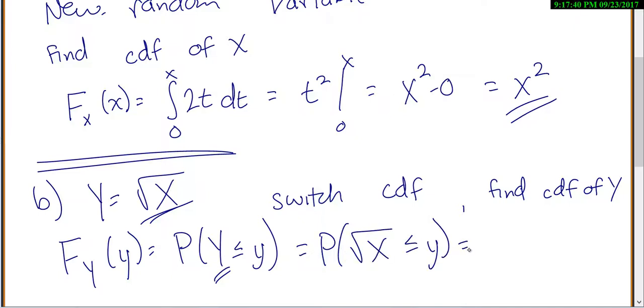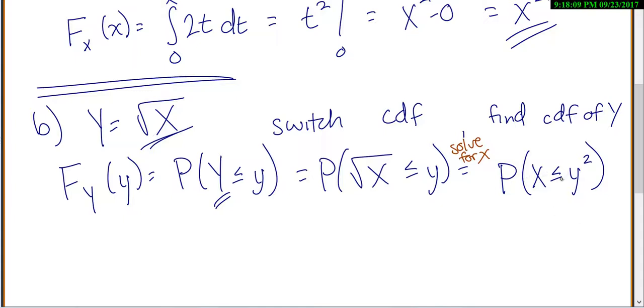Okay. And now let's solve this little thing for x. So I would have to square both sides of that inequality. So we'll have x less than or equal to y squared. Make sure you don't change the direction of your sign when you're doing these inequalities, or I guess pay attention in case you need to change the direction.